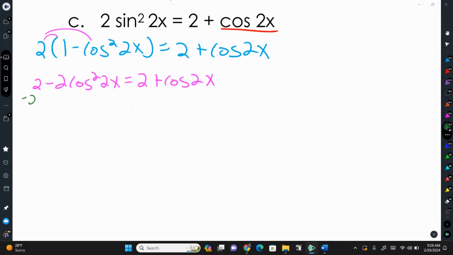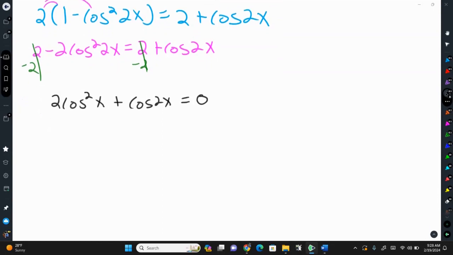Okay, these will cancel. And then I want my squared to be positive, so I'm actually going to add 2 cosine squared to both sides. So I get 2 cosine squared x plus cosine 2x equals 0.